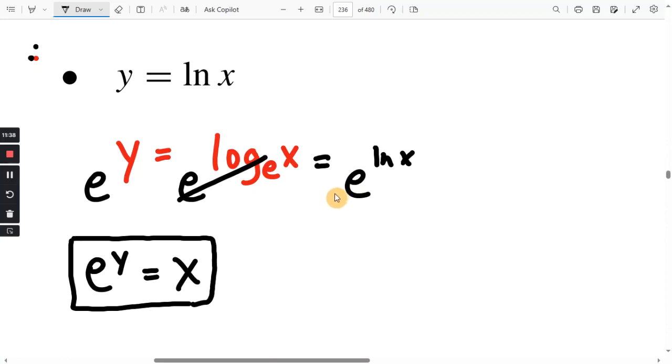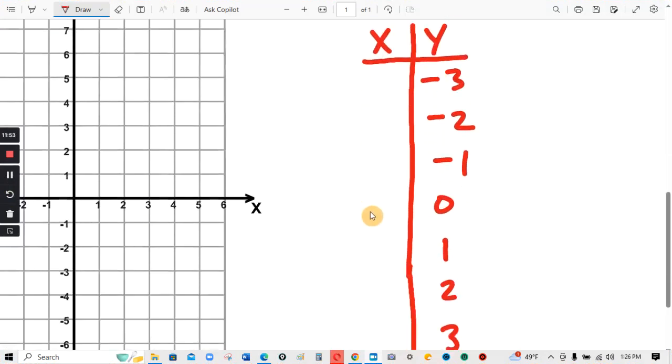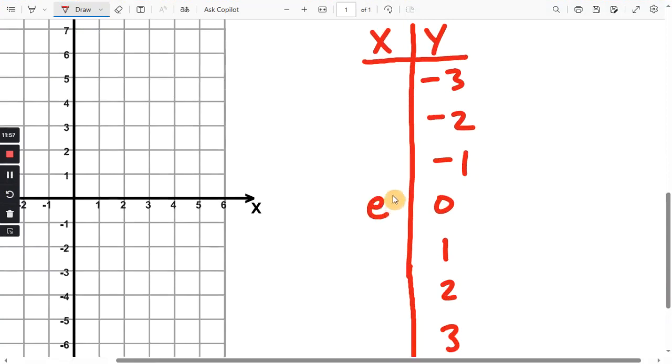And the e and the ln would have canceled because ln is log base e. We would have been left with x. Anyhow, onto the graph paper. All right, let's do the positives first. E to the power of y, that's going to be e to the 0. And of course, e to the 0 is just 1.